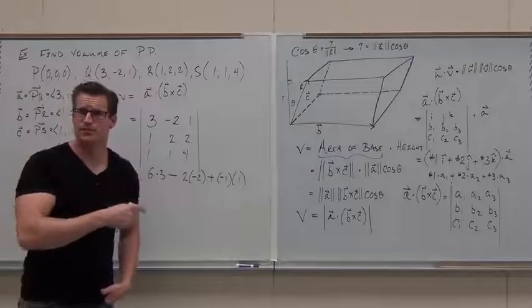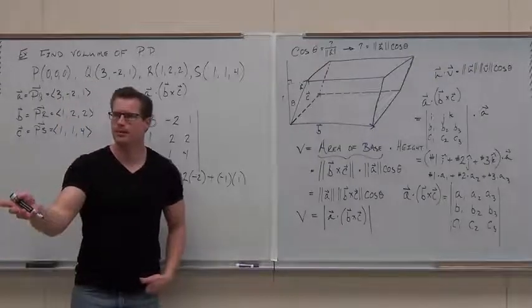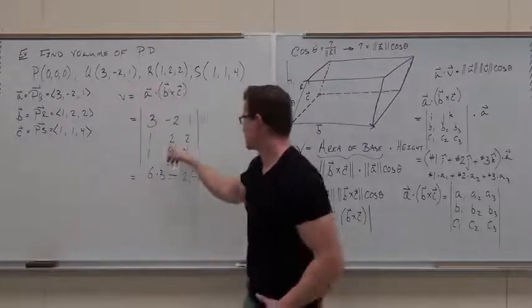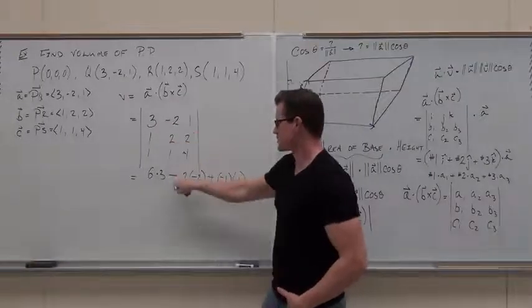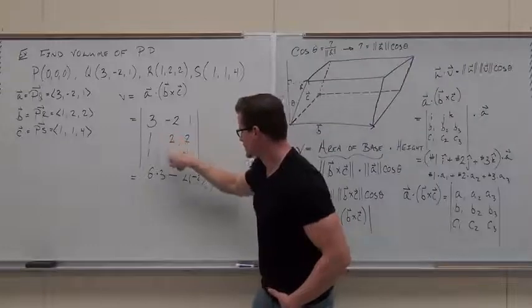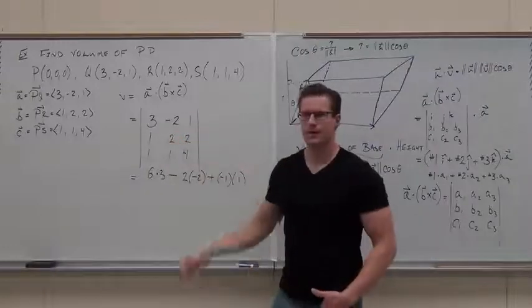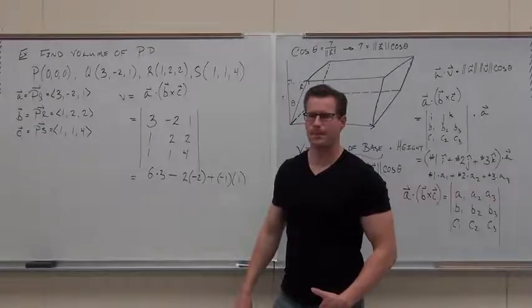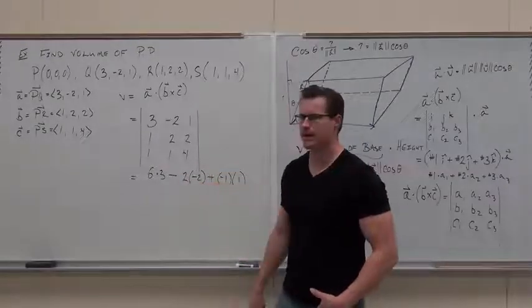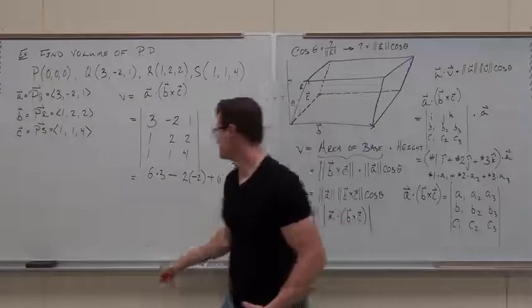Can you do that? Can you guys do that? Oh, you guys see where the numbers come from. Do you see how we do determinant 3, determinant -2, make sure the minus is there, then determinant times 1. How much does all that stuff give you? I got 18 plus 4 minus 1. 21.